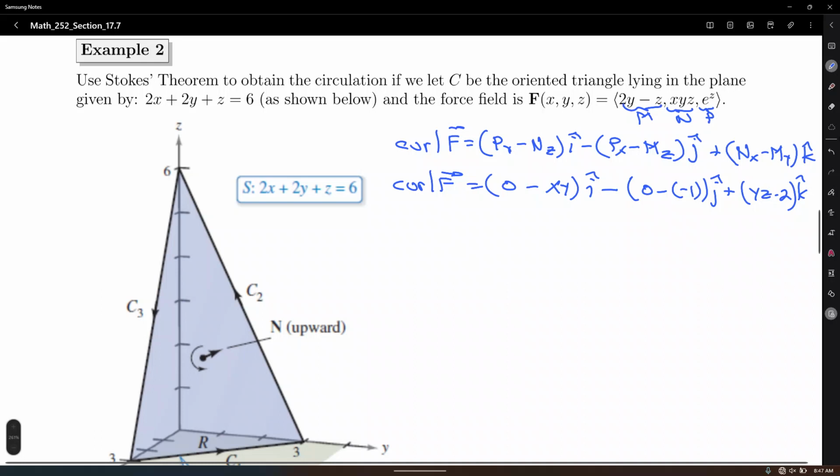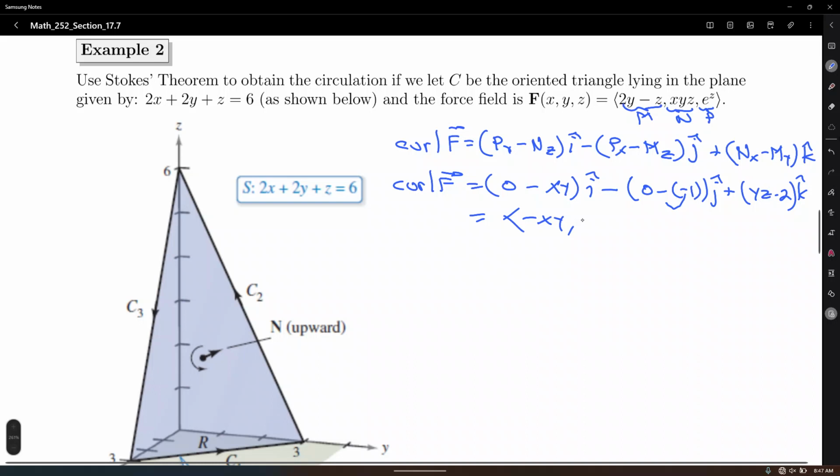Let's clean this up. So 0 minus xy. Actually, I'm going to go back to component form. So the x component will be negative xy. The y component, careful because this is minus minus, which becomes a plus. So that's a plus 1 times the negative in the front. It's going to be a negative 1.